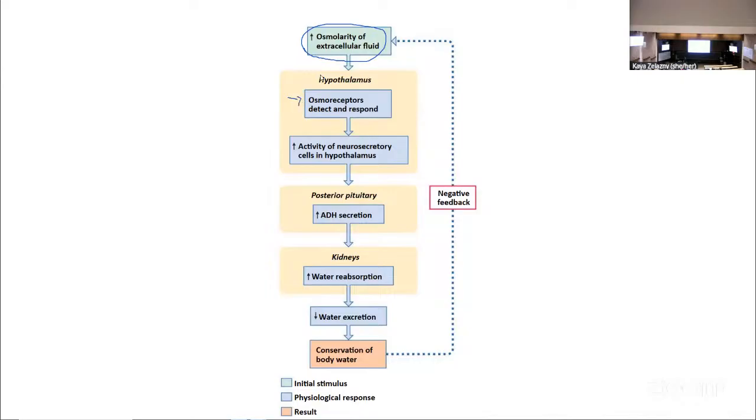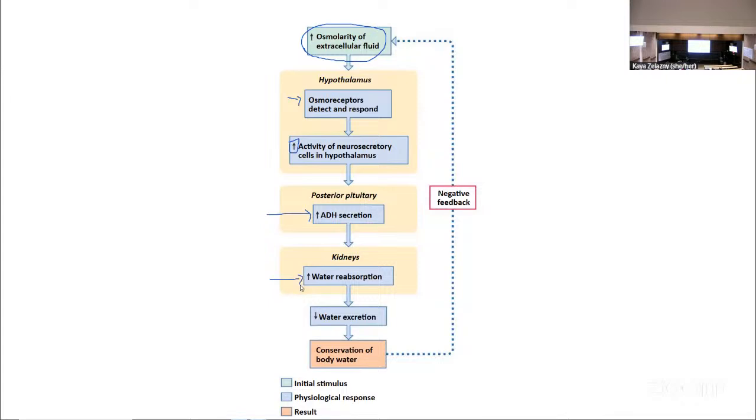So we're going to see that we have this detection of high osmolarity, and then we see our hypothalamic cells responding, so increasing their activity. And the goal here is to increase our ADH secretion, which means we increase our water reabsorption.